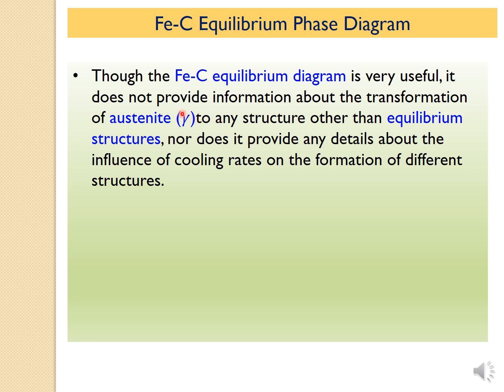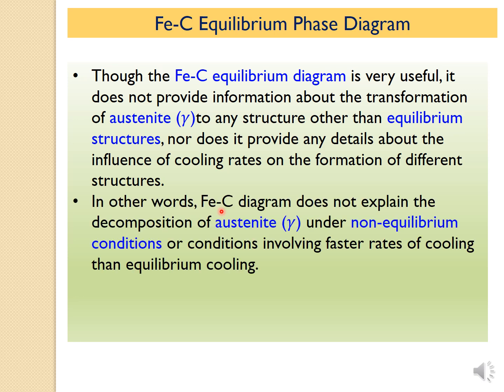But it does not provide information about the transformation of especially austenite to any structure other than equilibrium structures. And it doesn't provide any details about the influence of time or cooling rates on the formation of different structures.